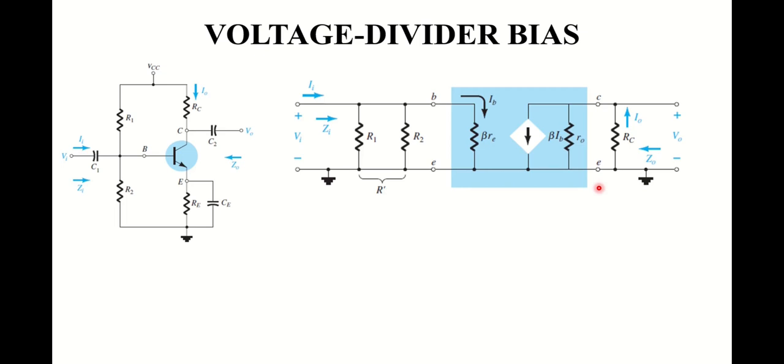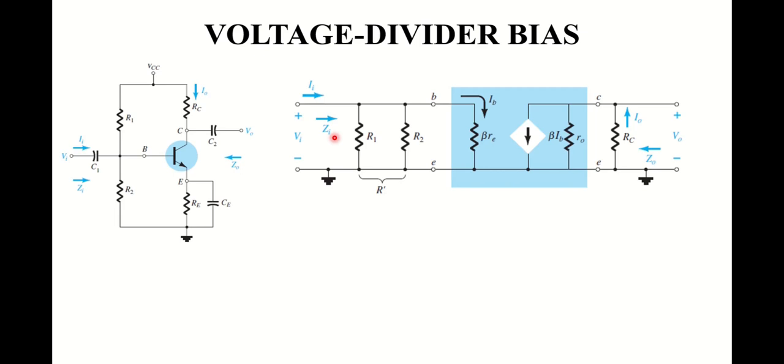In order to derive the formula for the input impedance Zi, you should observe that the combination of R1, R2 and beta Re connected in parallel to each other will have an equivalent input impedance Zi. Therefore, the input impedance will be the equivalent resistance of R1, R2 and beta Re connected in parallel to each other.